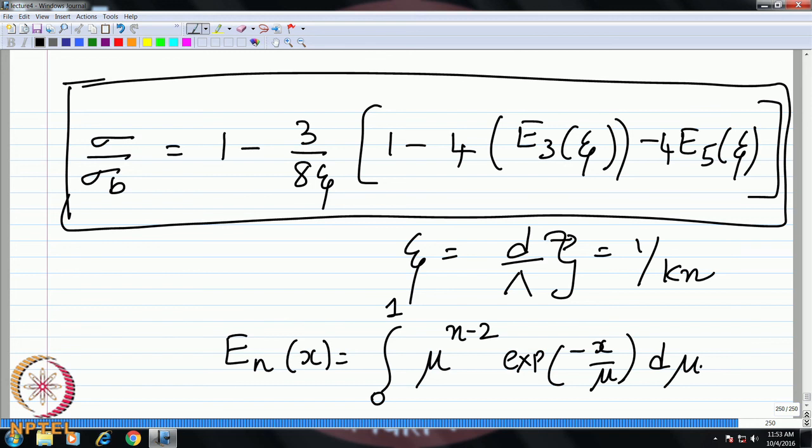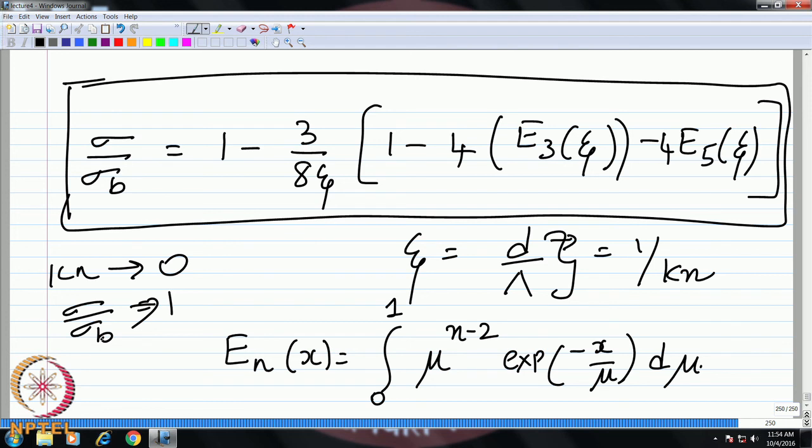If your Knudsen number is very small, what happens to the zeta term? It becomes very large, and therefore this entire term vanishes. So, for the case of Knudsen number going to 0, what happens to sigma by sigma b? It goes to 1, so it recovers your bulk electrical conductivity.